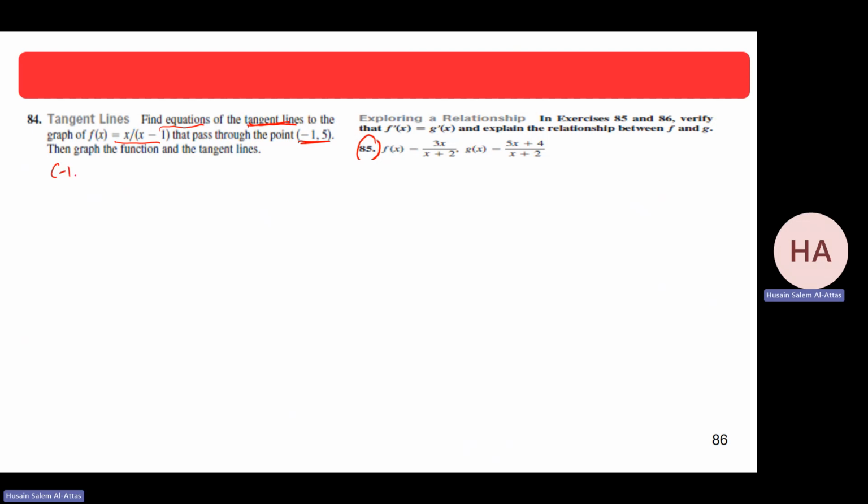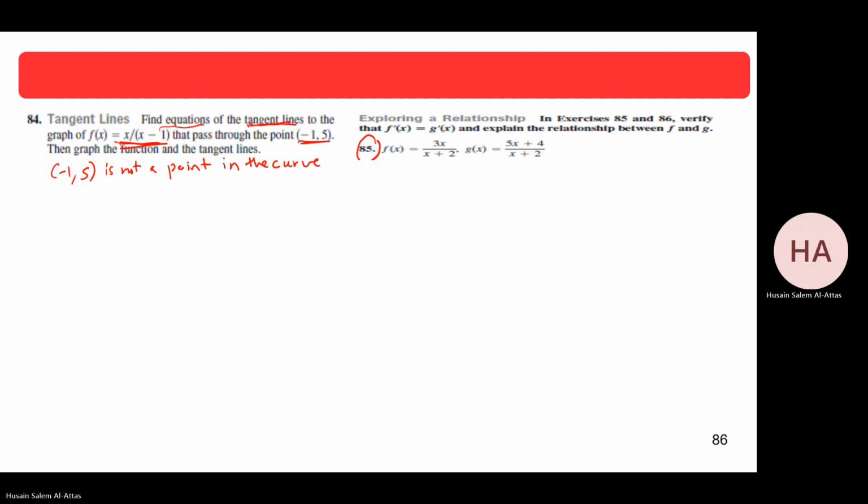Note that (-1, 5) is not a point on the curve. It will not satisfy this equation, and if x is -1, y will not be 5.